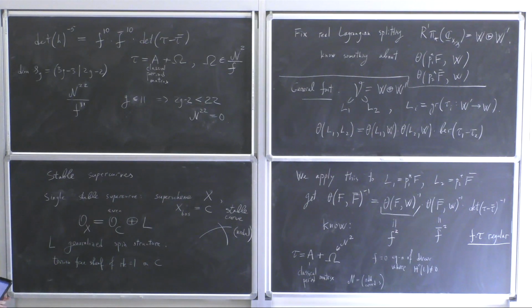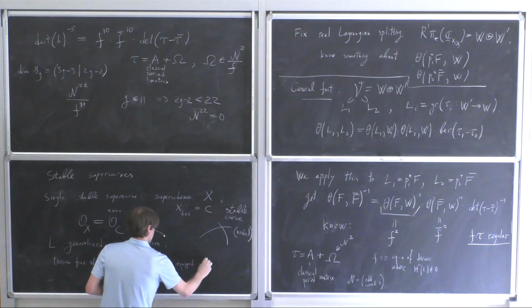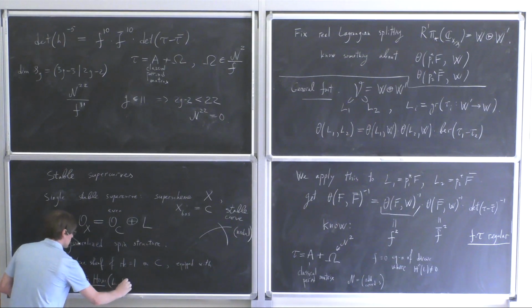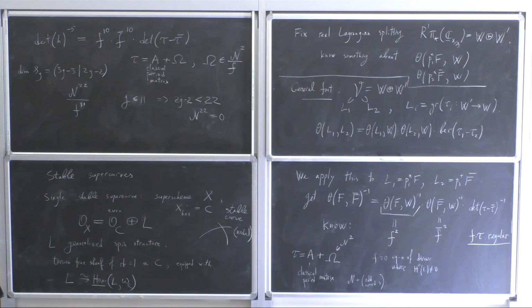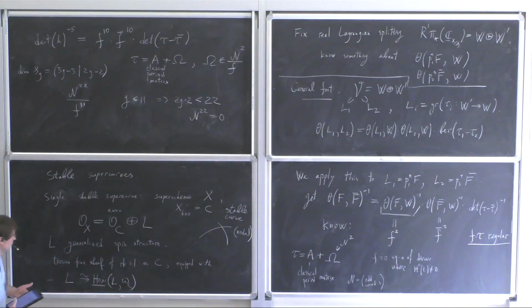I will tell you exactly how it can look locally. We're equipped with an isomorphism of L with the sheaf Hom from L to the dualizing sheaf of C. This is a generalization of the spin structure, where we had an isomorphism of L squared with omega C. On the smooth locus of C, L is also going to be smooth, a line bundle, and you'll have an isomorphism from L to L inverse tensor omega C, which is the same as the usual spin structure.